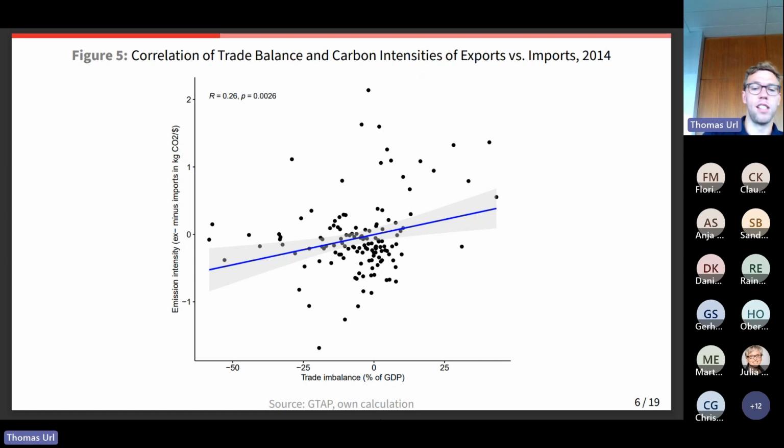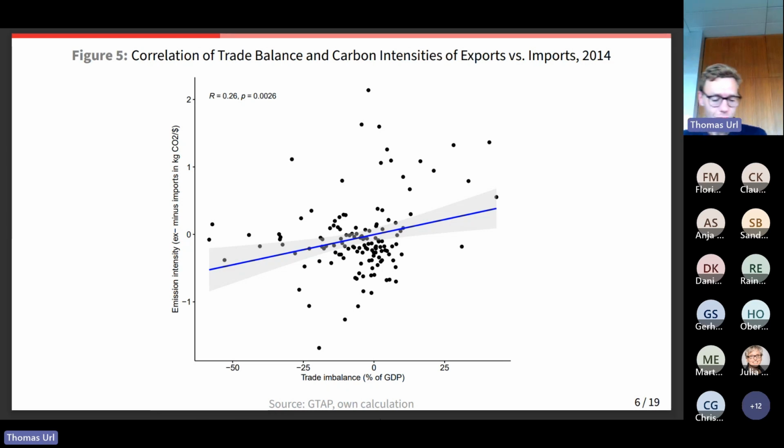You see a slightly positive correlation: countries that tend to have a trade surplus have exports that are more carbon intensive than their imports.